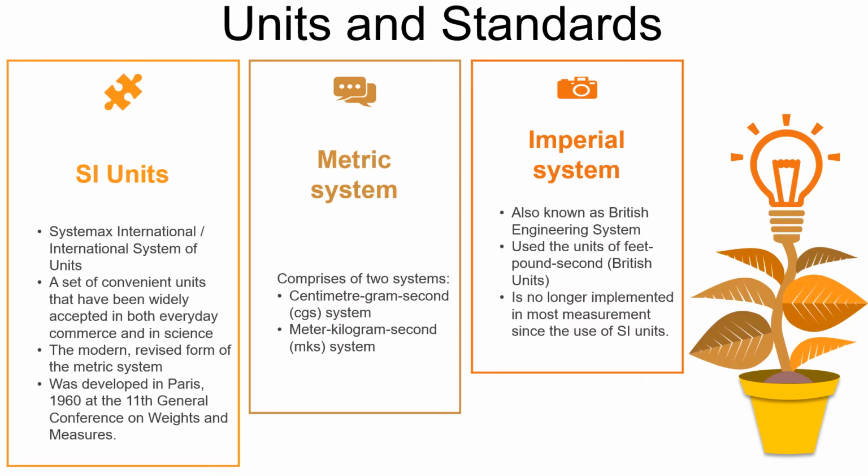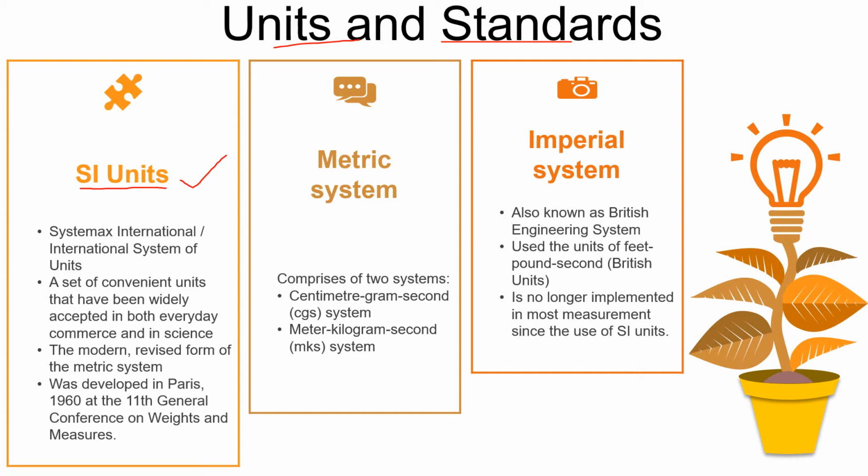Okay, so units and standards. We have several types of units and standards that we usually follow. As a chemical engineer, we will usually use the SI unit. This SI unit is what is commonly used. The metric system and imperial system are rarely used, but they are sometimes used in chemical engineering.